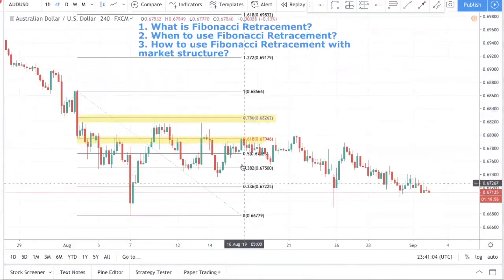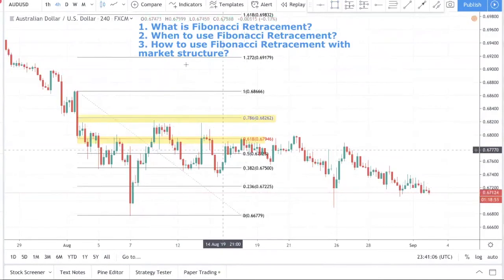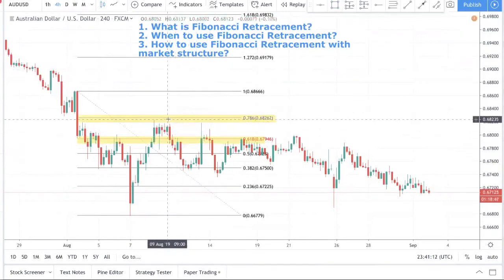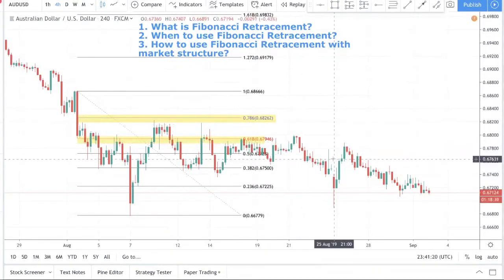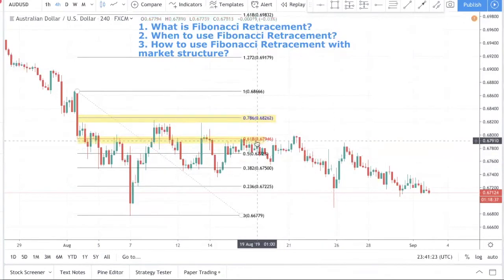Not that the rest are not important, but if you need to focus, you would focus your attention on the 0.618 and 0.786. If you're in our advanced Forex course, you'll realize that we teach a concept on how to use the 0.618 to gauge the strength of the trend. So these are the levels.